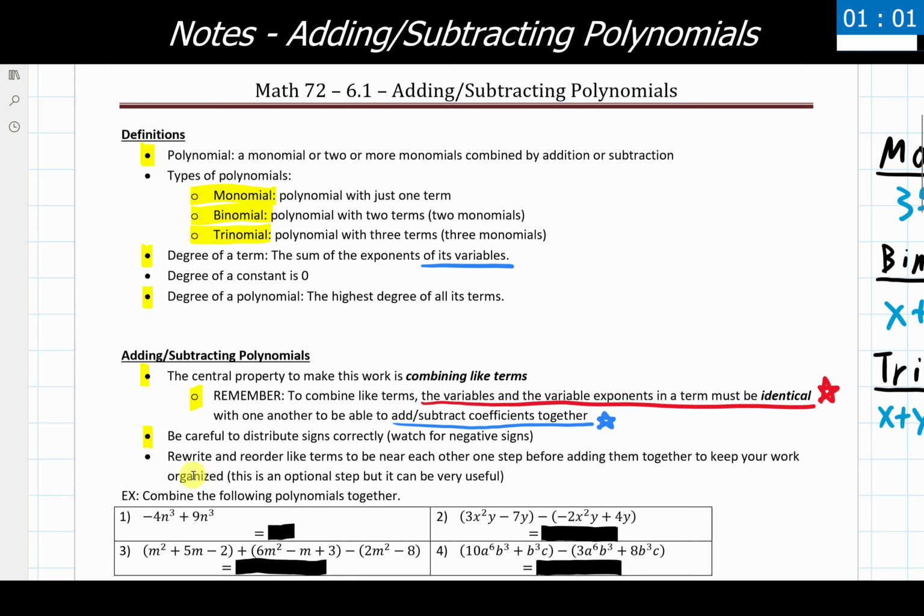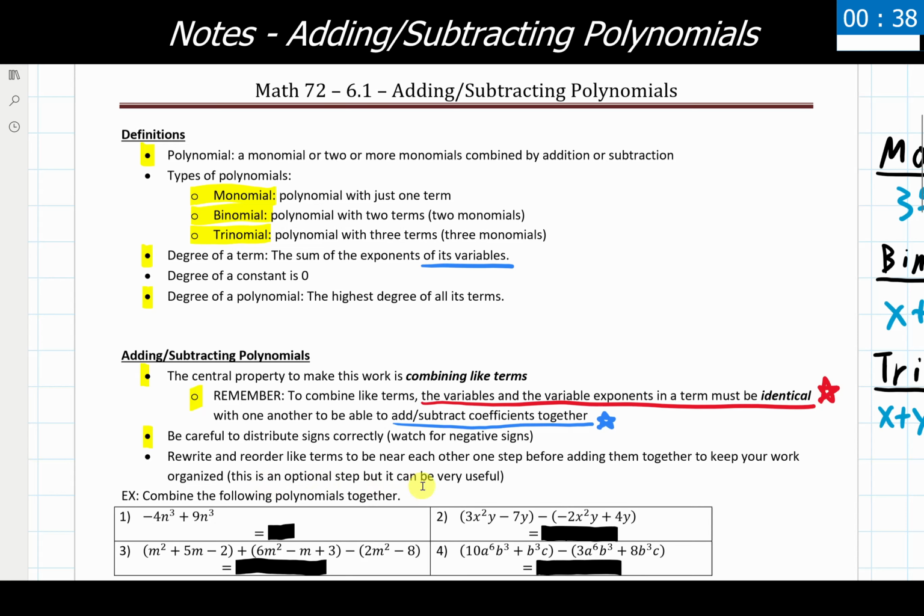A last thought, this is not required, but it is something to at least think on as we are going through these processes, and I think this will become apparent when we take a look at our examples. It is worthwhile noting that you can rewrite and reorder like terms to be next to one another one step before you actually add or subtract them together to keep your work organized.